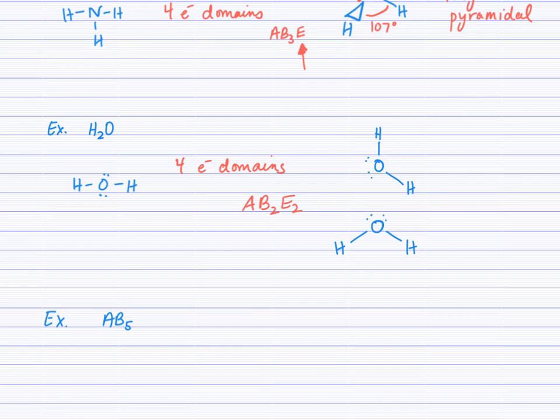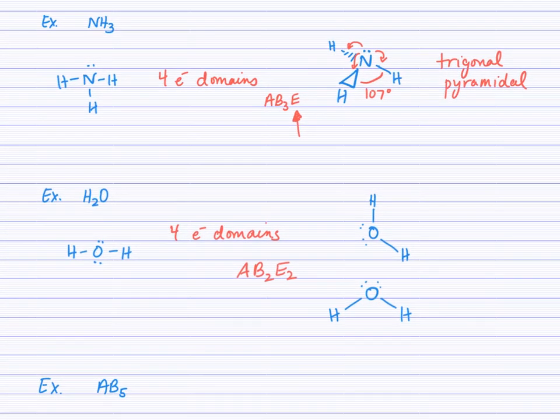Are these 2 lone pairs repelling those bonded pairs even more strongly than the 1 lone pair on the nitrogen repelled those? Absolutely. And so we do see a bond angle here of 104.5 degrees. This shape is referred to as bent, which again could also be V-shape.